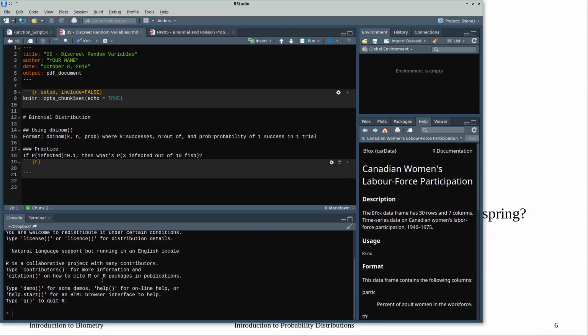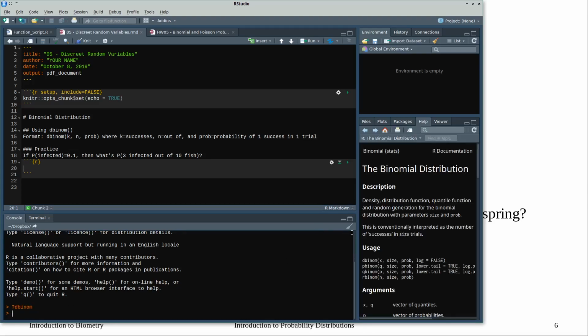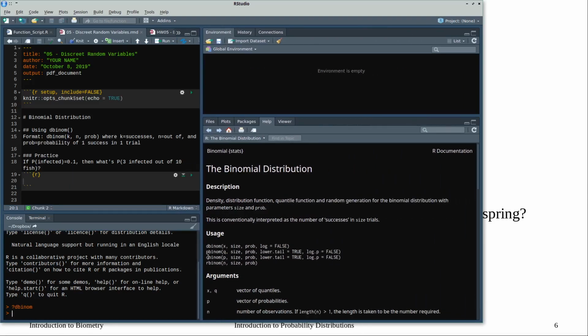You'll note that this looks familiar. If I look at the help file, you will see that we have a number of different binom functions here: dbinom, pbinom, qbinom, and rbinom.